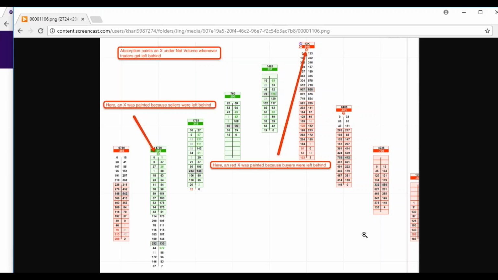Okay? Dinesh, so the total bar total net is sellers. Yes, right up here. See, there was 916 more sellers than there were buyers. Yep, it's a battle between the bulls and the bears, and the bears won and pushed it down. So there was absorption there.